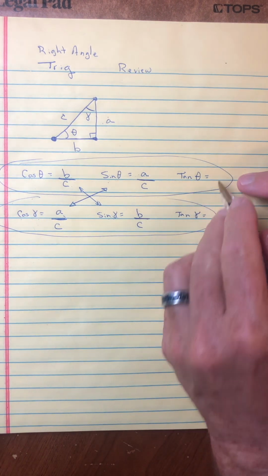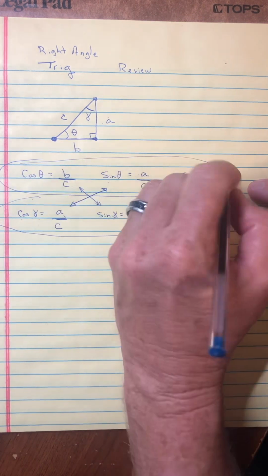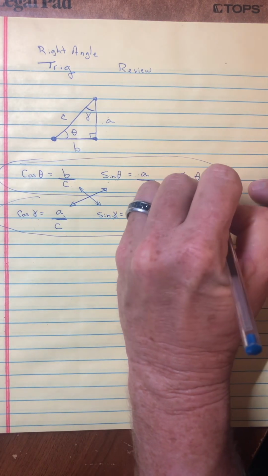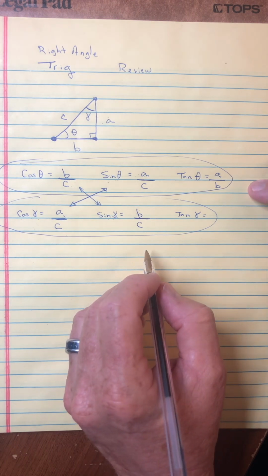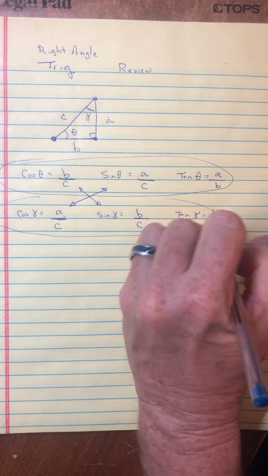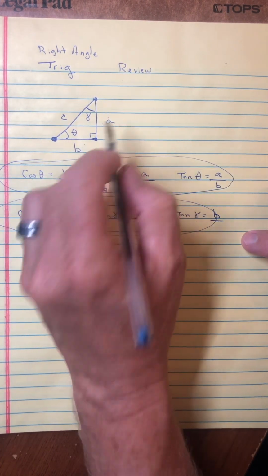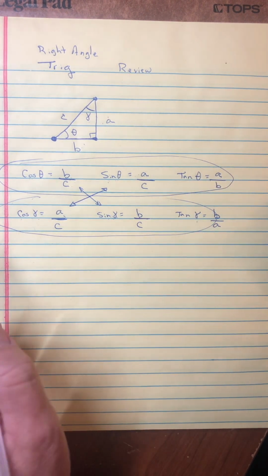Oh, oops, I didn't leave myself enough space here. Whoops, I shouldn't have made that circle. But the tangent is the opposite over the adjacent. When you look at the gamma one, opposite is B, and adjacent is A. So again, got to be careful what angle you're looking at.